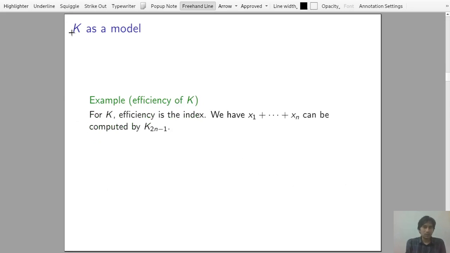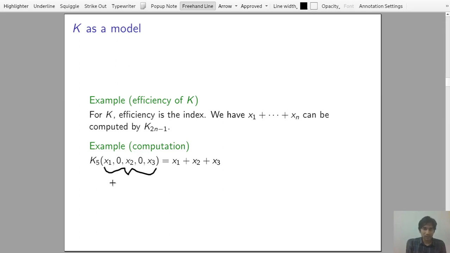We can also view the family of polynomials K as a computational model for computing polynomials. As an example, observe that k5 of x1, 0, x2, 0, x3 is equal to the polynomial x1 plus x2 plus x3. Notice that here I am substituting for the variables of k5 using variables or constants and nothing else.